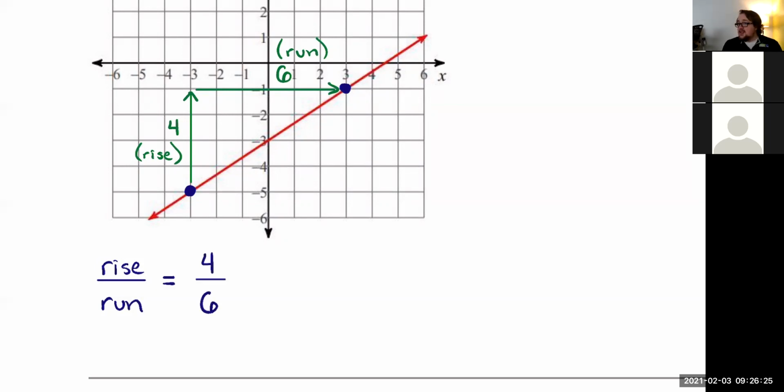Now, that is technically our slope, but as with any fraction, what should we always look for an opportunity to do? Simplify. Simplify whenever possible, because the smaller the values, it doesn't change the fraction, it just changes how it's perceived, and it looks like it's smaller. So for example, 4 over 6 would simplify to 2/3. So 2/3 equals my slope.